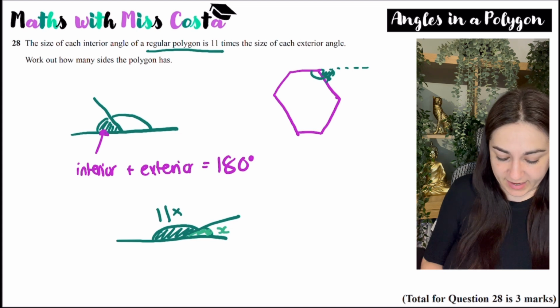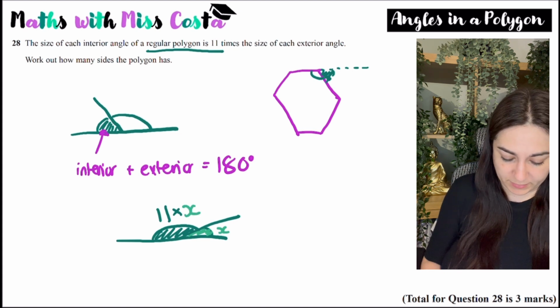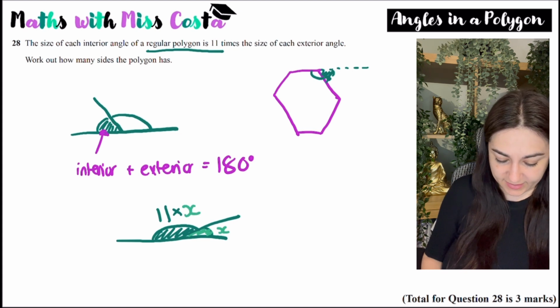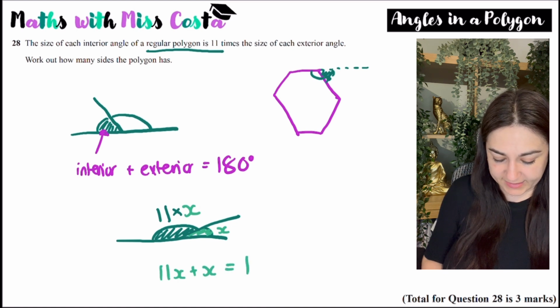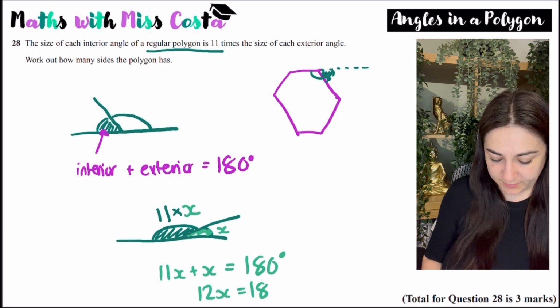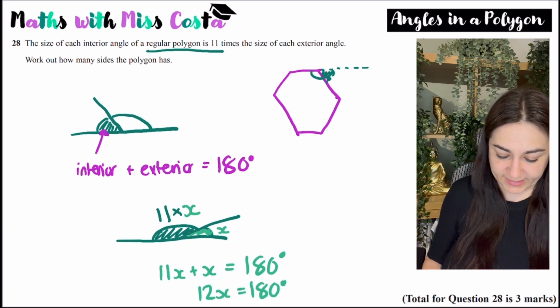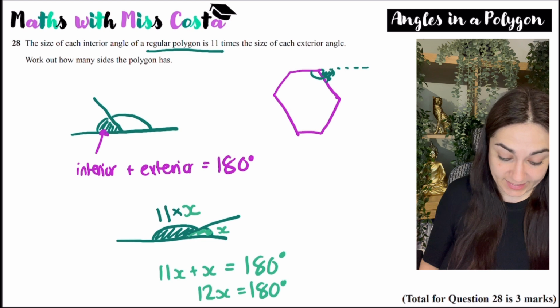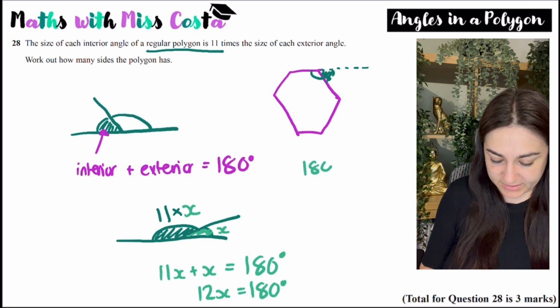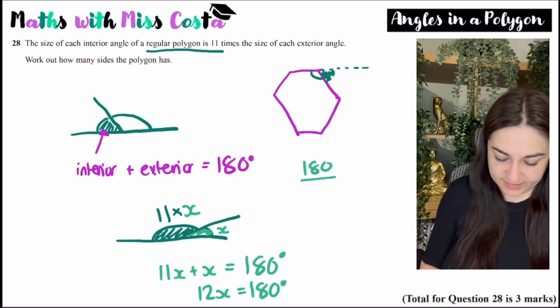So the interior angle would be 11 times X, which is 11X. So in total, I know that 11X plus X must add up to make 180 degrees. So 12X must equal 180 degrees. So to work out what X is, I do 180 divided by 12.